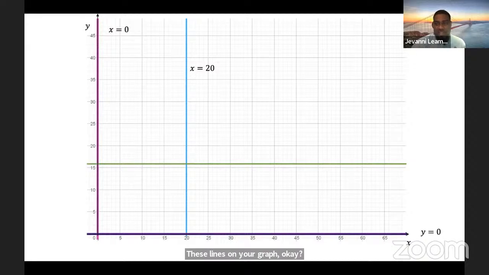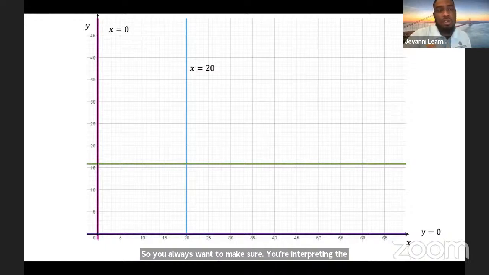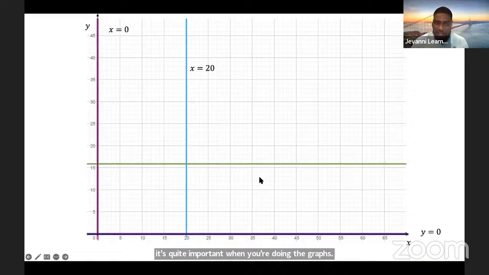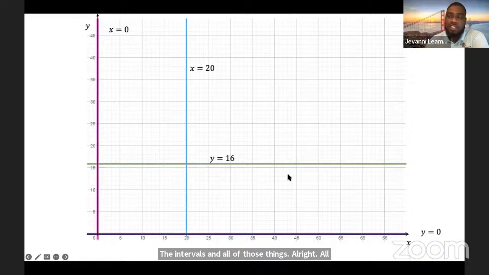All right, so y equals 16. My bad. Okay, I understand. So you always want to make sure you're interpreting the graph correctly. If you do physics, you would know it's quite important when you're doing the graphs, the intervals and all of those things. Everybody's saying y equals 16, so let's do the reveal. Y is equal to 16.